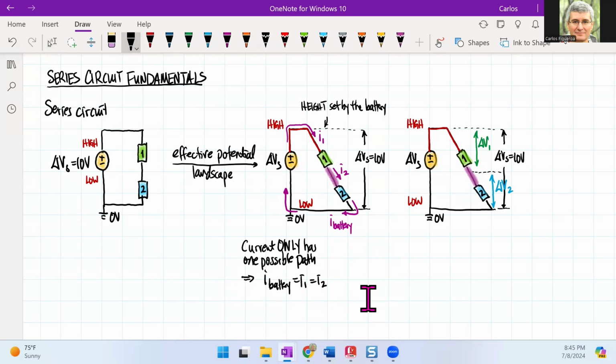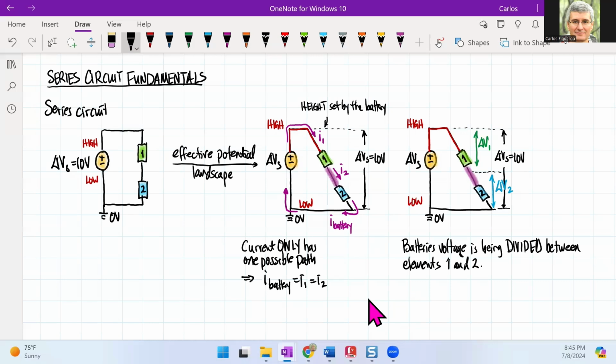What we see here is that the battery's voltage is being divided between elements 1 and 2.